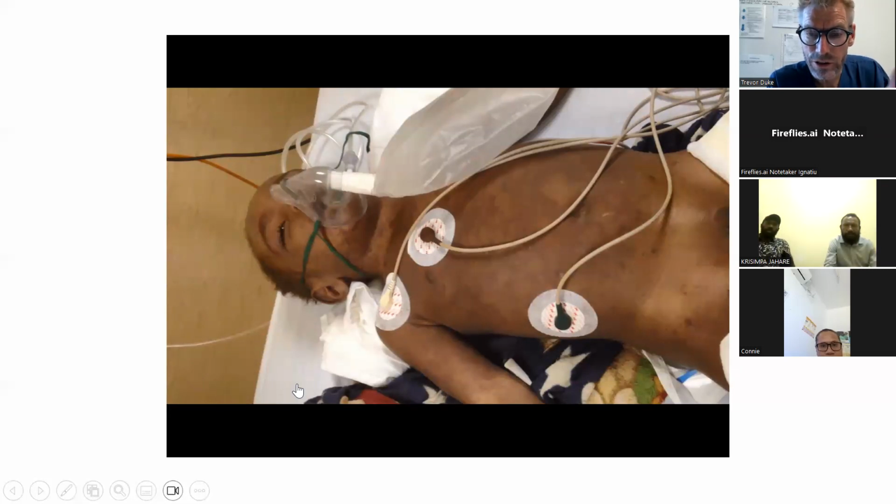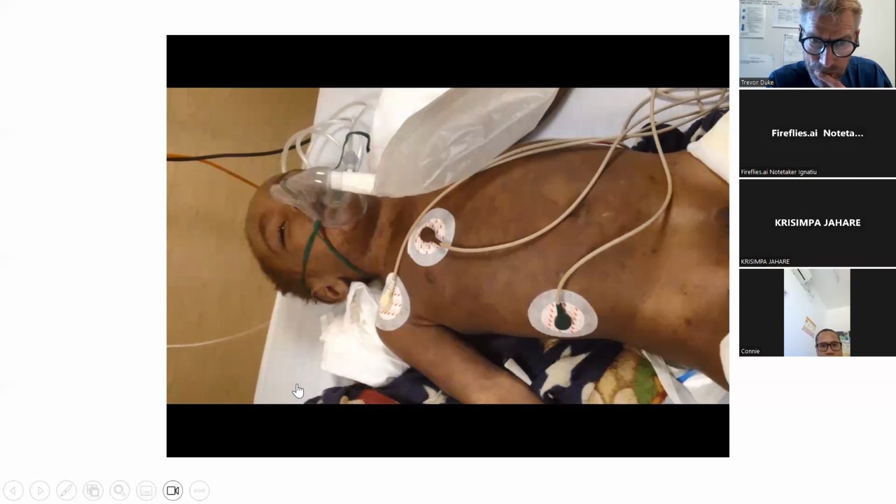Do you think his airway is safe at the moment? What do you think? At the moment, he doesn't seem to have airway obstruction, but he's lying flat on his back and he's unconscious. So any child lying flat on their back and unconscious, they will vomit and they might aspirate.